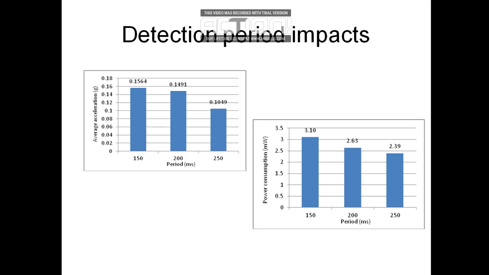As we can see here, a detection period of 150 milliseconds consumed about 3.10 milliwatt, while 250 millisecond detection period consumes only 2.39 milliwatt.